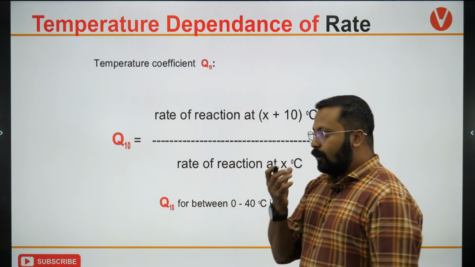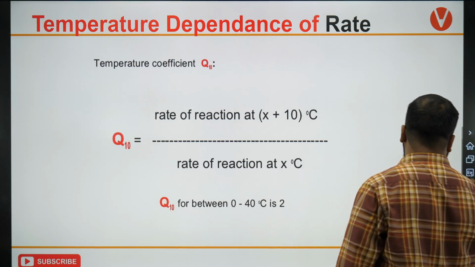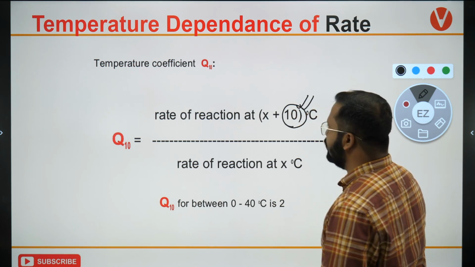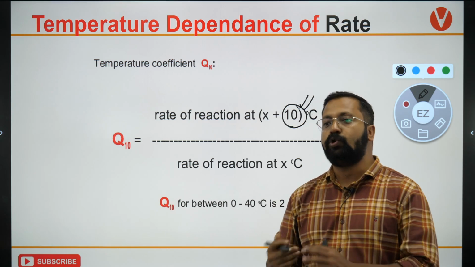Now, it was also observed that if you increase the temperature by only 10 degrees, the rate of the reaction increases by 2 to 3 times.